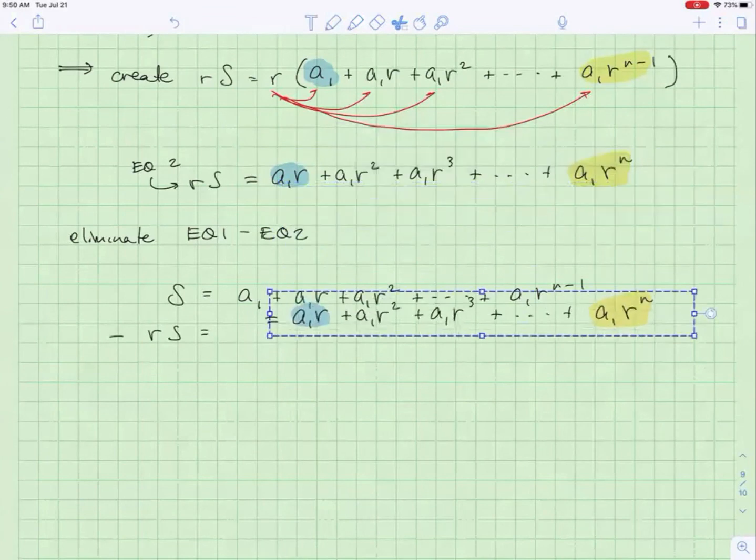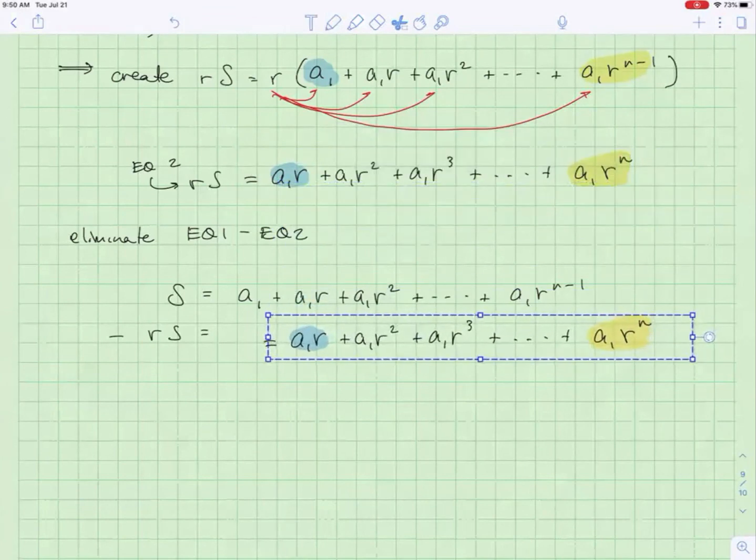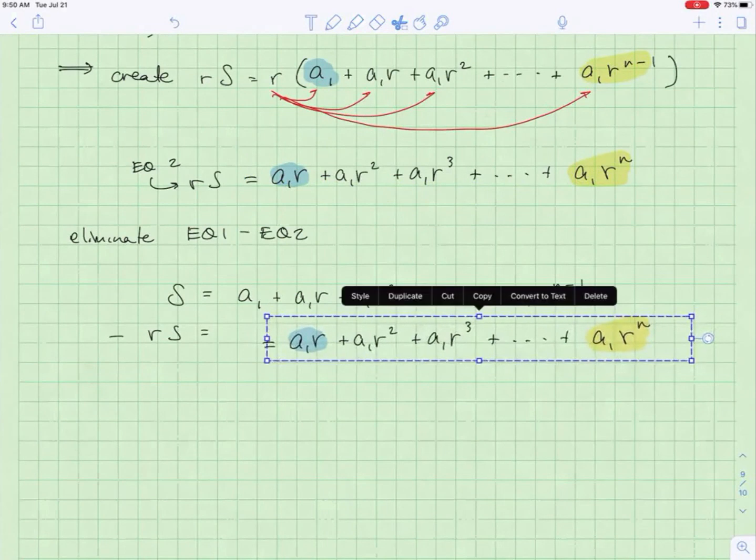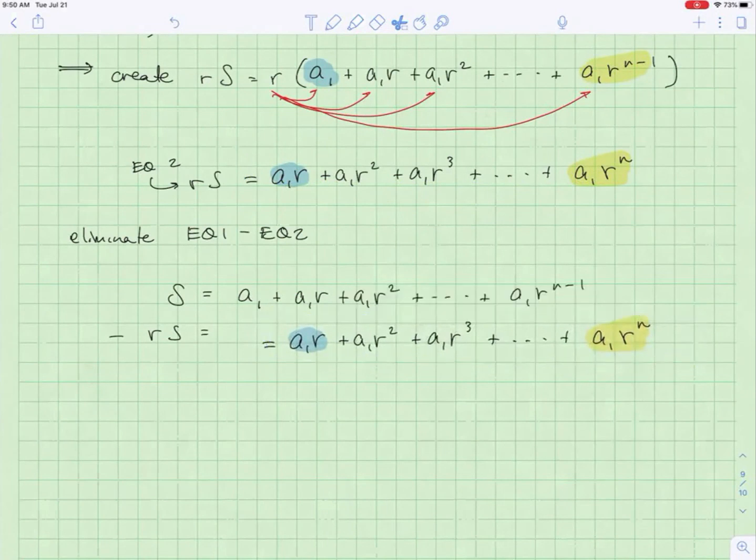I'm going to stagger it a little bit. I'm going to erase some of this here, because I want to arrange this so that these terms are stacked. Now, this is a little bit intuitive.